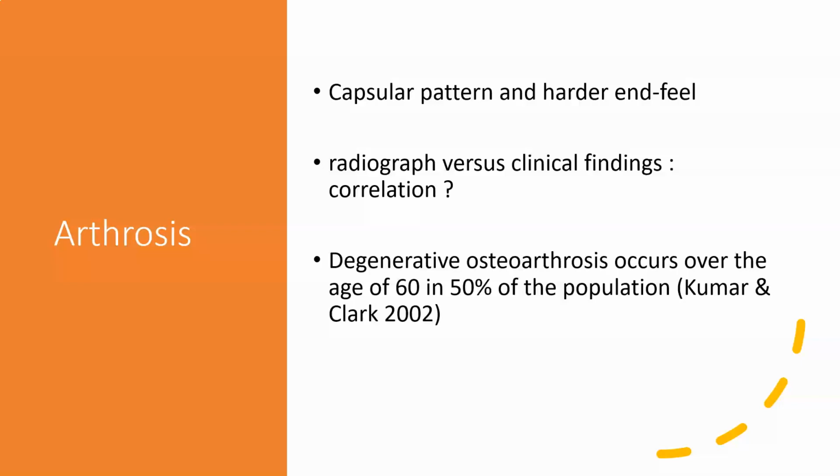So let's not treat X-rays, but let's have a look at the function. And of course, signs of degeneration in the hip joint are very, very common as from a certain age.